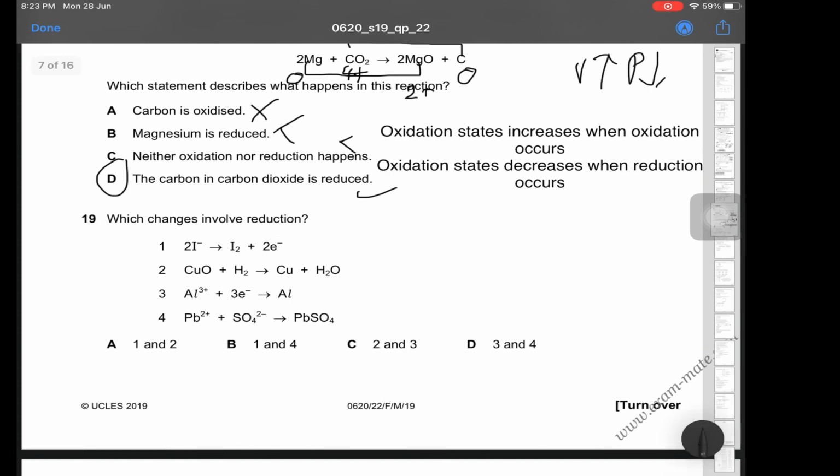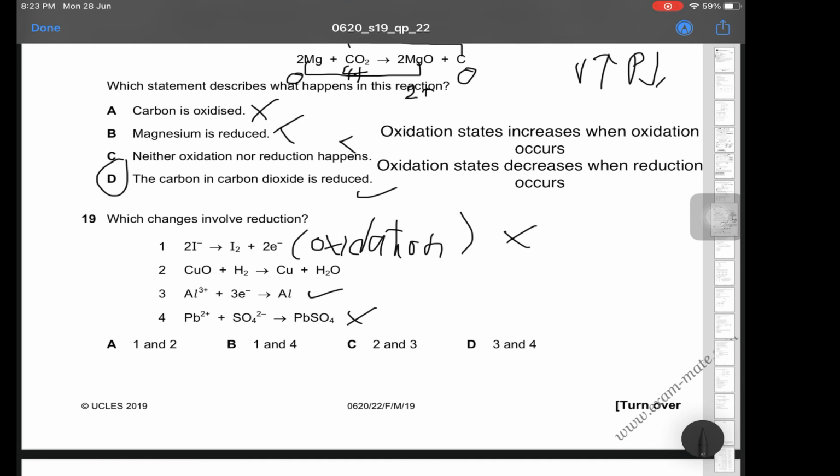Now, question number 19. Which changes involve reduction? Well, for number 1, this is actually an oxidation. This is a half equation that represents oxidation. And number 3 is a half equation for reduction. So 3 is correct. Number 4 is just a combination of both of the ions to form lead sulfate.